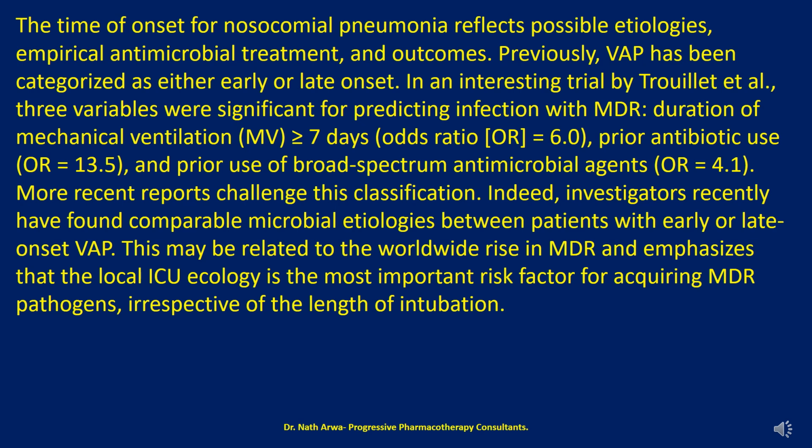In an interesting trial by Trouillet and colleagues, 3 variables were significant for predicting infection with multidrug-resistant pathogens: duration of mechanical ventilation, abbreviated as MV, equal to or greater than 7 days, odds ratio equal to 6, prior antibiotic use, odds ratio equal to 13.5, and prior use of broad-spectrum antimicrobial agents, odds ratio equal to 4.1.